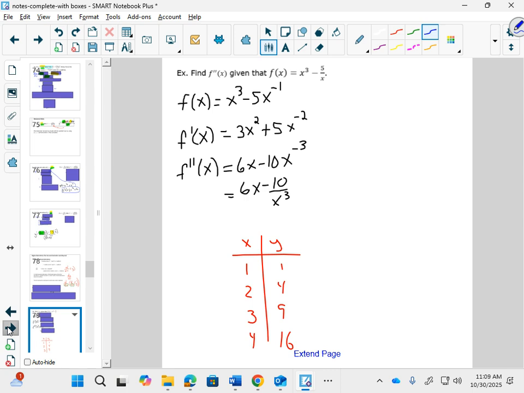You guys are amazing. But if you look at the first differences, it's going up by 3, going up by 5, going up by 7. Those are called first derivative differences, and they're related to the first derivative. If I did second differences, you notice that they're all the same.